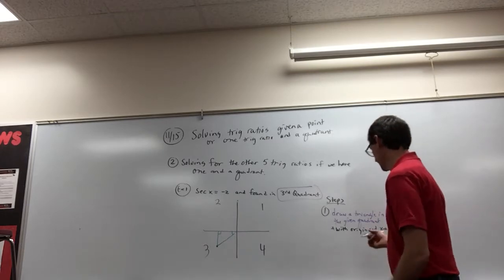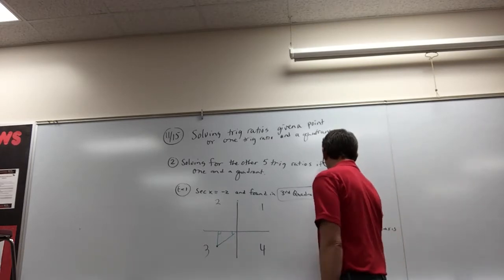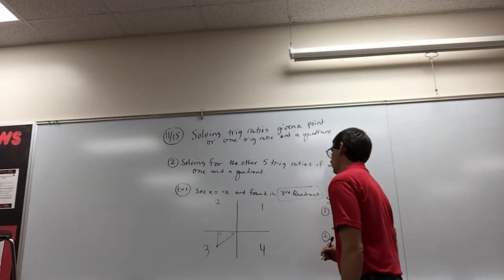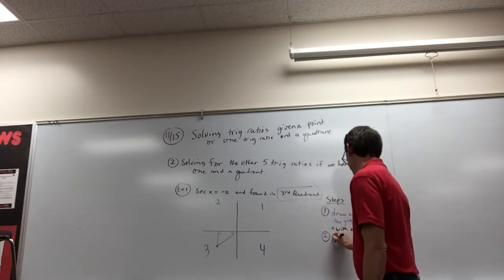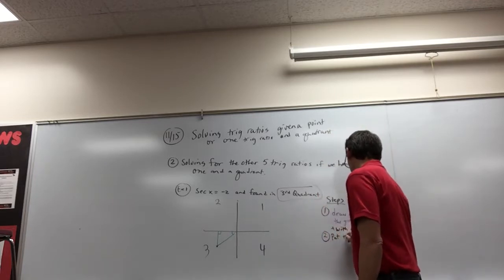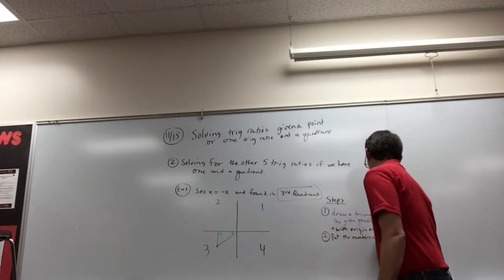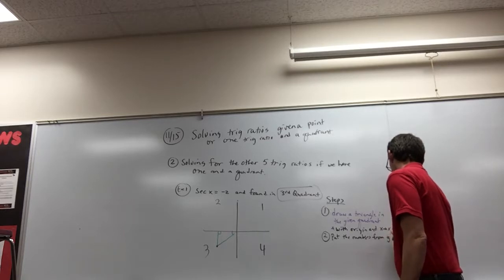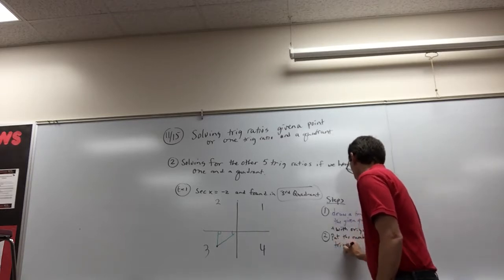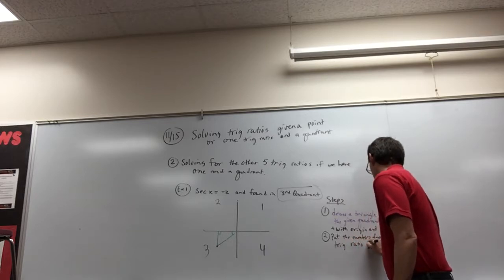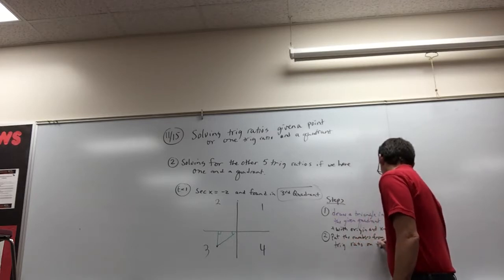So after we have that, the second step is we need to put the given trig ratio on the triangle. So put the numbers from the given trig ratio on the triangle.